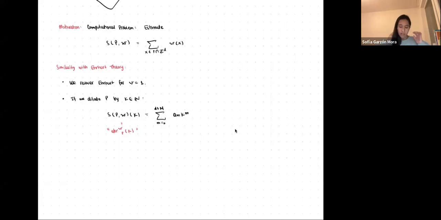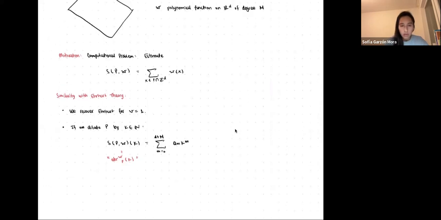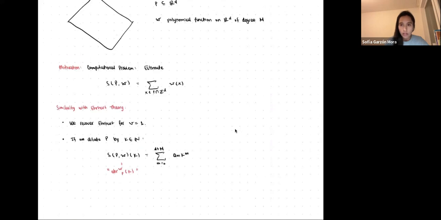I told you before that this was a polynomial in the dimension of the polytope, for the Ehrhart theory. But now it's a polynomial of degree dimension plus degree of the polynomial weight. So now we had a weight of degree m, and now we have m here as well.